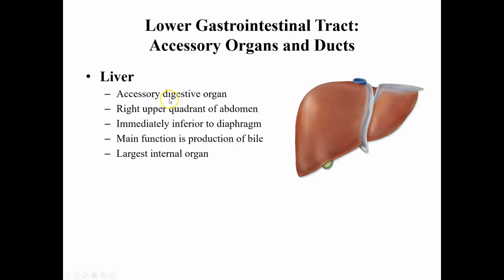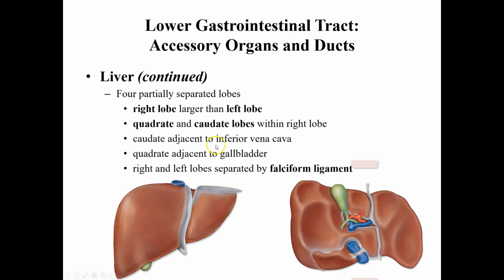So let's look at each organ individually. The liver is one of the largest organs in the abdominal pelvic cavity. So it's a huge organ. You've seen it in the rats. It takes up half their abdominal cavity. You've also seen it in the pig. It's a very large organ. There are 4 lobes to the liver.